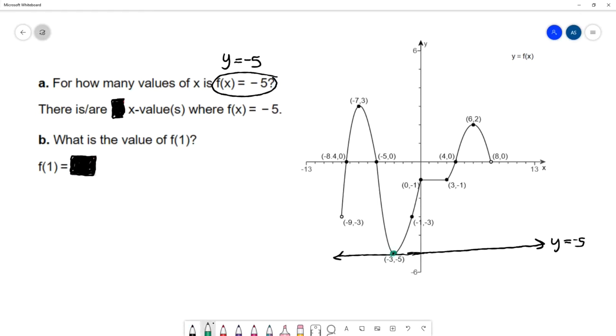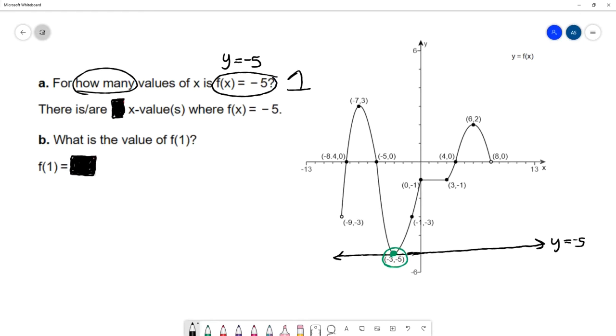Now on our picture, the only one that's a part of the graph is this one right here. So how many values of x? That would be only one value of x has a y equal to -5.